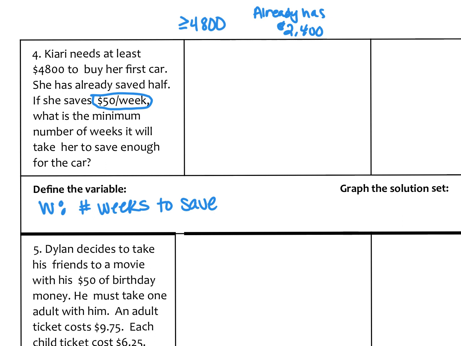So that's your variable term. $50 times the number of weeks would give you the total amount that she saves. So we're looking for that minimum number of weeks at least that she needs. That many or more. Don't forget, write your equation, check your answer, solve your solution, graph your solution.